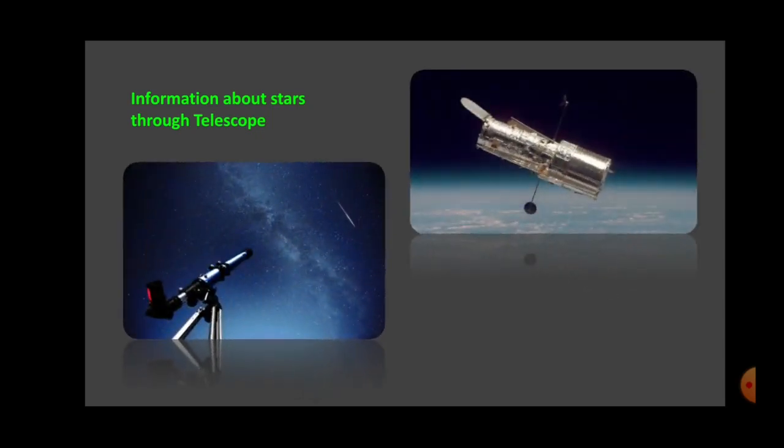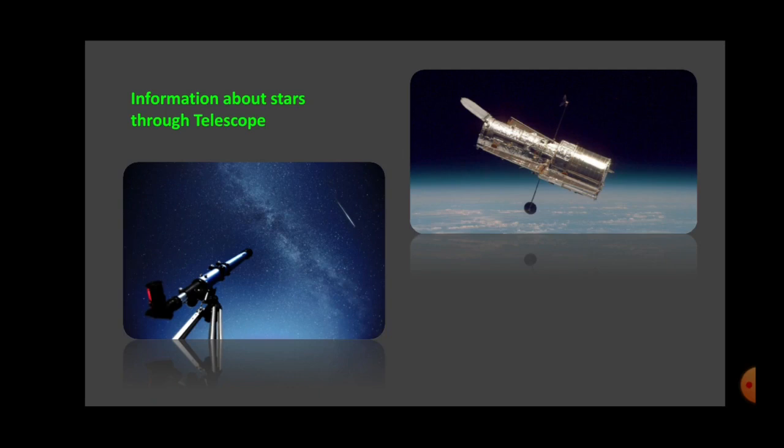Students, do you know how these celestial bodies which are present in space are studied? How do we get the information about these components present in the universe? They are studied with the help of telescopes. You can see the pictures of two different types of telescopes on the screen. The first one is the telescope which is sent into space, and it orbits the Earth.